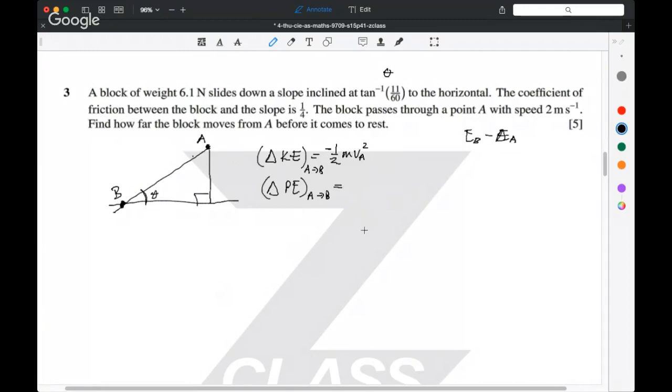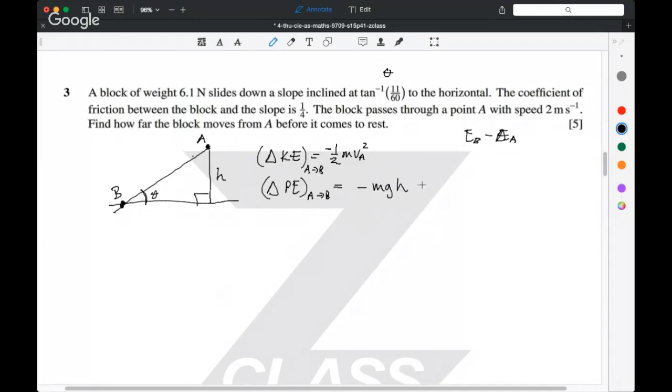Now, what about potential energy? Well, what's the potential energy at B? Let's call the potential energy at B 0, and then we're going to subtract mgh. So it's lost potential energy as well. Well, what is h? H is this distance. h is this distance times sine theta.